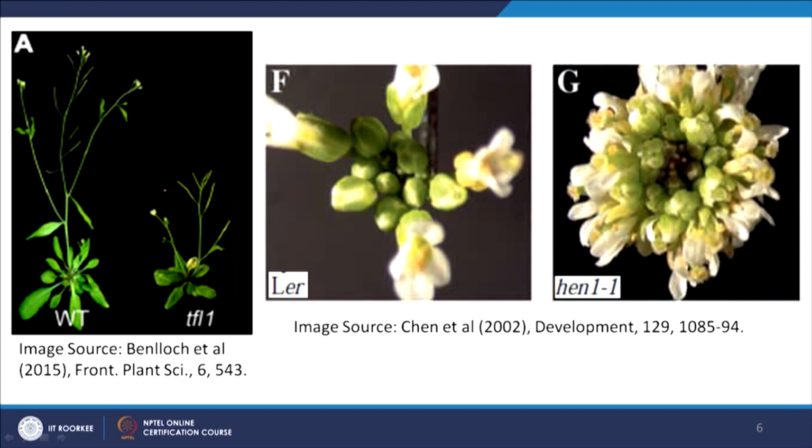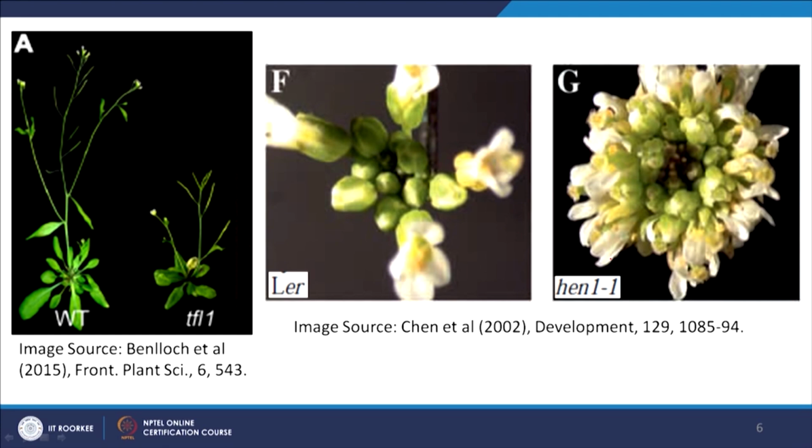So, essentially if you look at this process in this mutant, there is a gain of determinacy. Normally it is achieved prematurely, before the proper development is completed. On the other hand, if you look at the mutant HEN1, in the HEN1 mutant there is loss of determinacy.